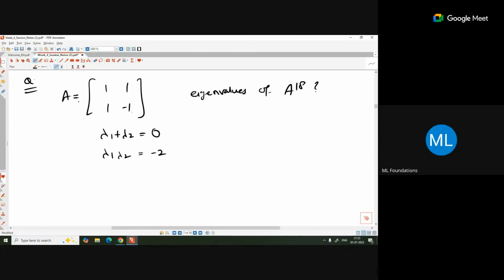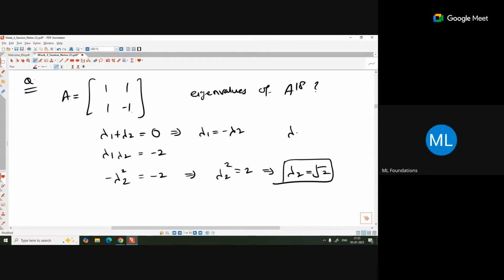What is the determinant of A? Minus 2, right? So that means lambda 1 equals minus lambda 2, and if I substitute here, minus lambda 2 square equals minus 2, which gives me lambda 2 square equals 2, which gives me lambda 2 equals root 2, and then lambda 1 equals minus root 2.